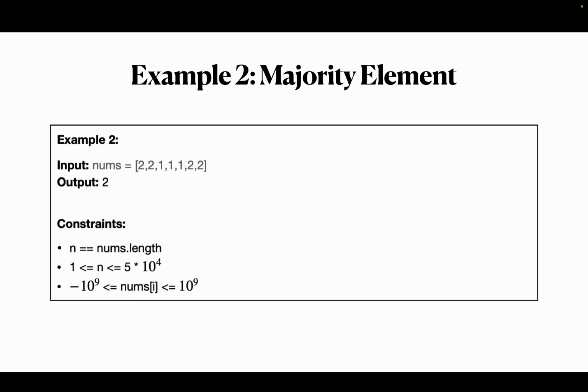Similarly, we can get the majority element of the array in example 2, it will be 2. Here, we also provide you several constraints for easier processing. This question is a little bit trickier than the previous one. I still suggest you pause the video here and try to solve it by yourself. And if you have finished this step, let's jump into our solution.